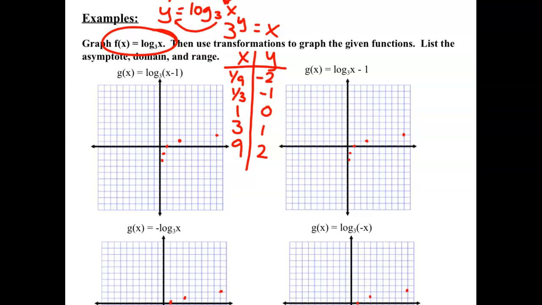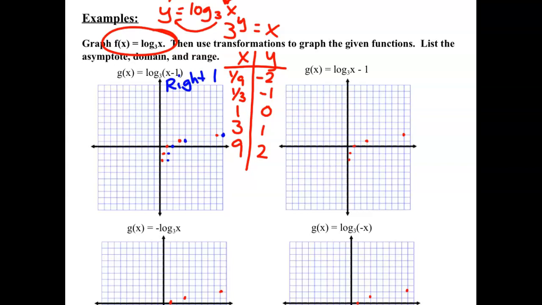So what kind of transformation are we doing on this first one? We are shifting right 1. If we move all of our points just 1 to the right, what else moves that we don't actually have drawn yet? The asymptote. So when we looked at exponential graphs, that horizontal asymptote moved when we had an up and down shift.